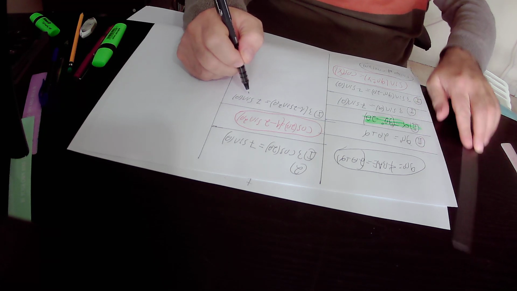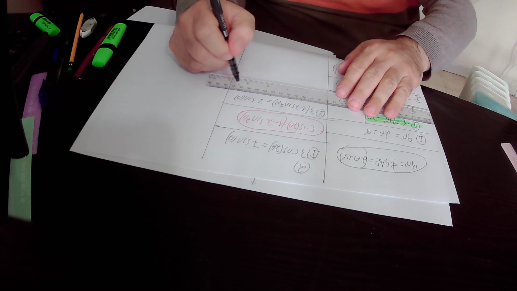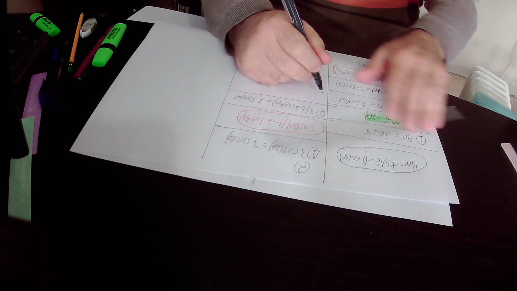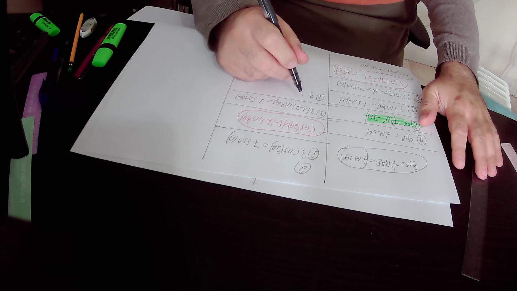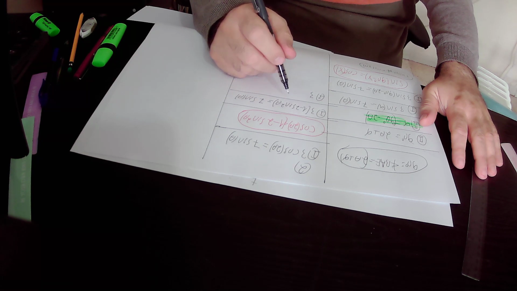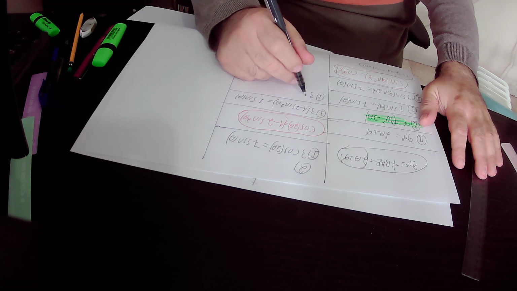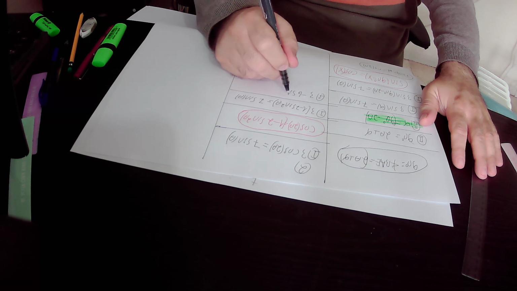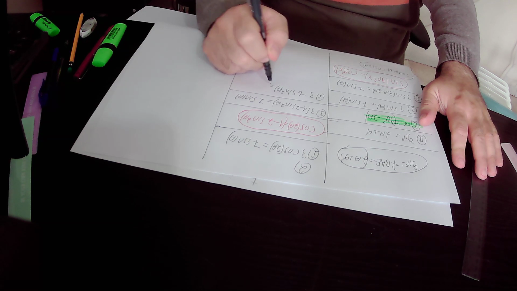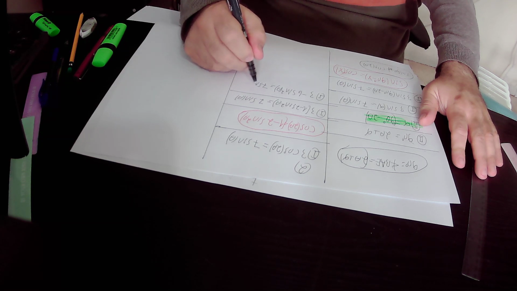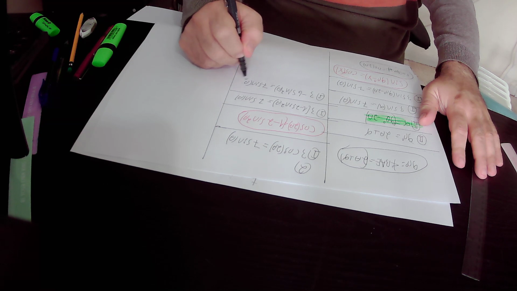Here we will open the brackets on this side of equation number 1, and we'll get that 3 times 1 is 3, and 3 times minus 2 sine square theta is minus 6 sine square theta, which equals 7 times sine theta.